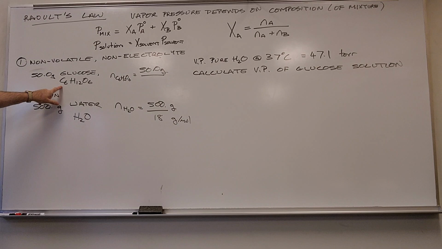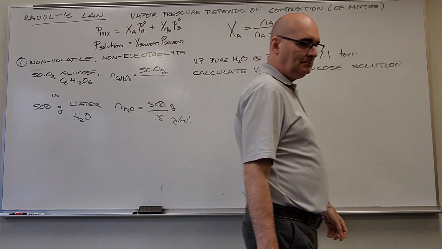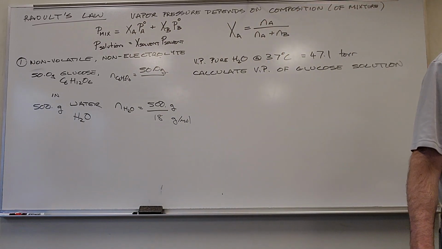6 times 12. 72. Plus 12 ones. 84. Plus 6 16s. 96. And add them all together. 180.